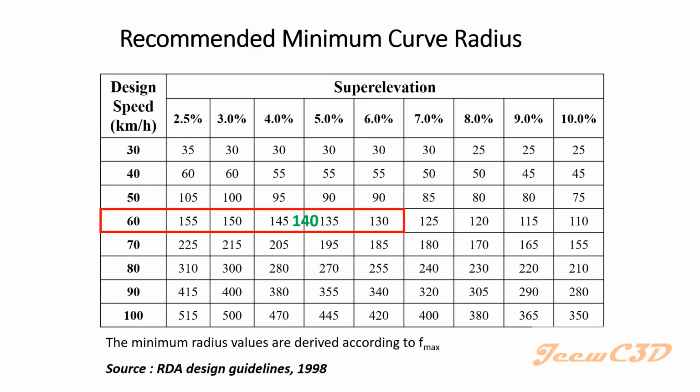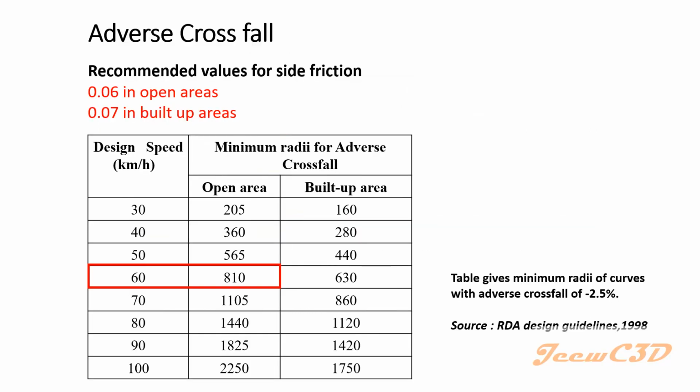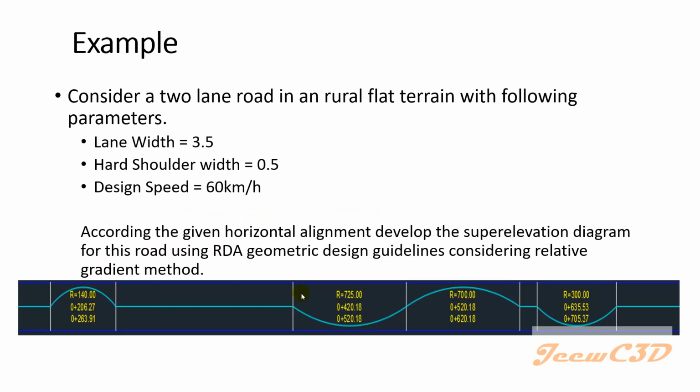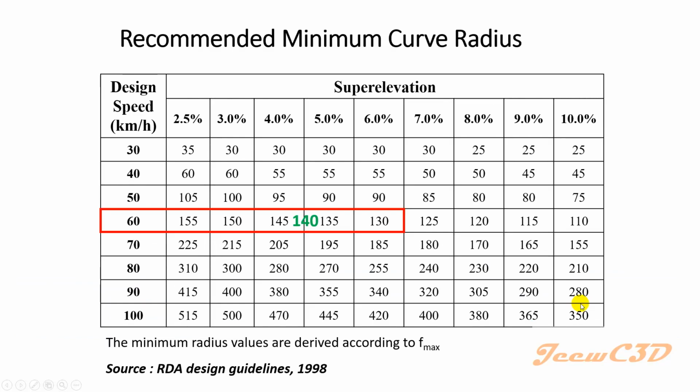So this is the adverse cross fall situation. For the open area, or otherwise the rural area, the adverse cross fall radius would be 810. So in this example, 725 and 300 radius are less than 810.